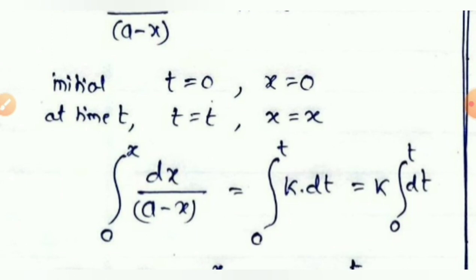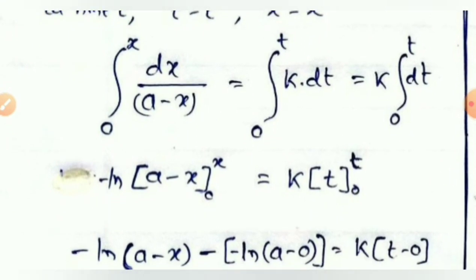Here the variable is t, that's why the limits are 0 to t. Now here k is a constant, the rate constant, so we can take it out of the integration, and we will get k into the integration of dt within the limits 0 to t.